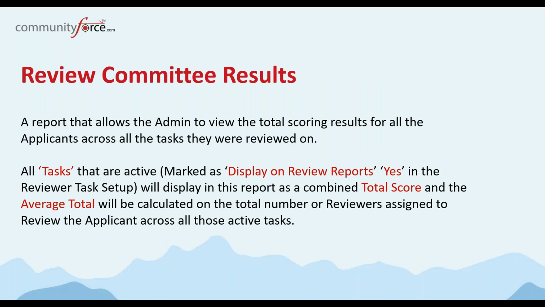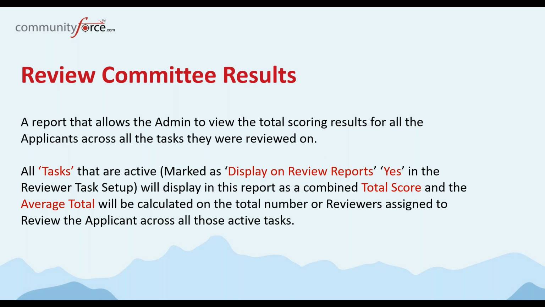looking at the results, one thing you want to make sure of is when you're looking at review results, all the tasks that are active, which means they're marked as display on review reports, yes, are going to display in this report as a combined total score.